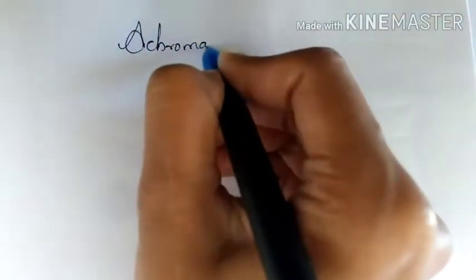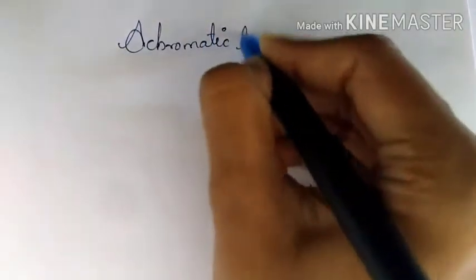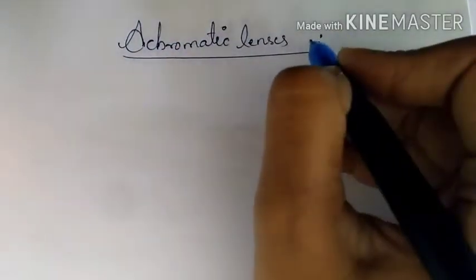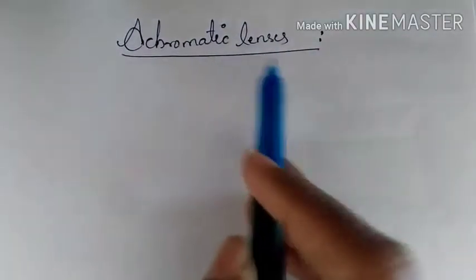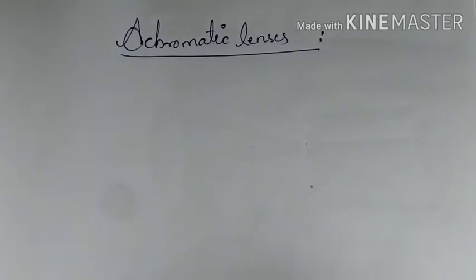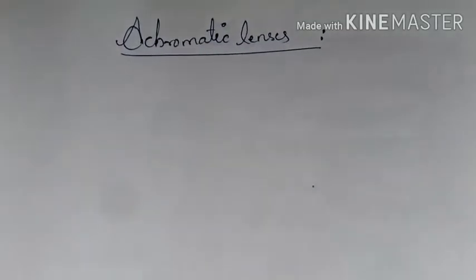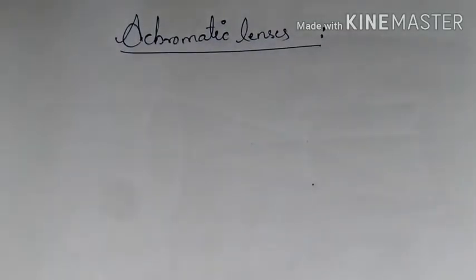Now let us learn what achromatic lenses are. Achromatic lenses are a combination of different lenses taken just to eliminate the chromatic aberration.